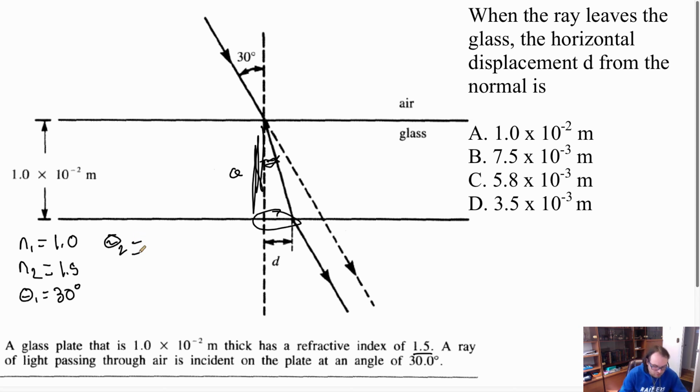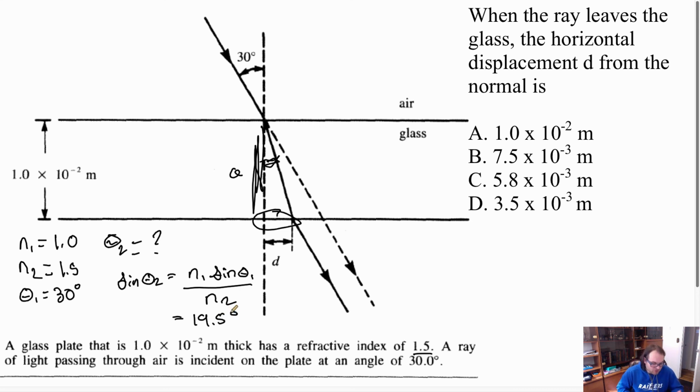Okay, so angle 2 is equal to my question mark. So let's try that out here. So I'm going to have sine theta 2 is equal to N1 sine theta 1 divided by N2. When I plug all these in, I'm going to get an angle of 19.5 degrees.